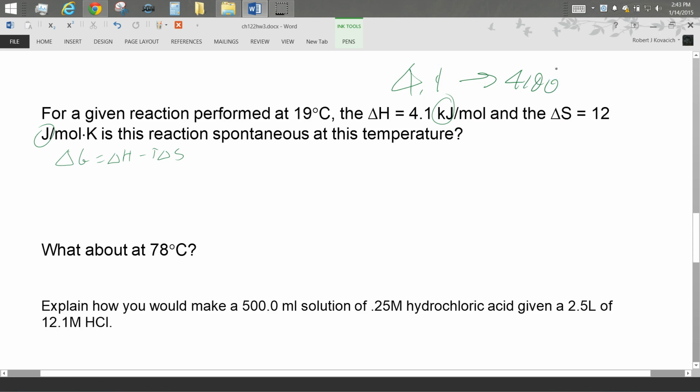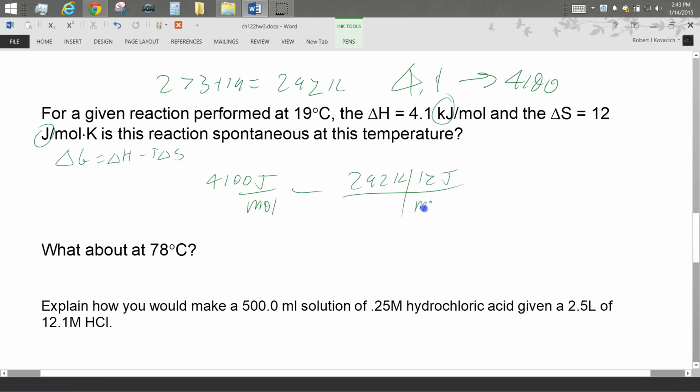Okay. So I'm going to write 4100 joules per mole here. And then I'm going to subtract off 273 plus 19, 292 K. So 292 K, and then I'll multiply that by 12 joules per mole Kelvin. The K cancels out.